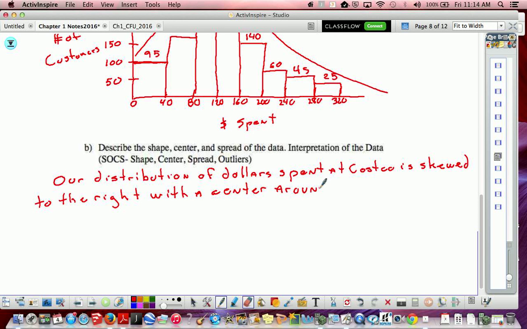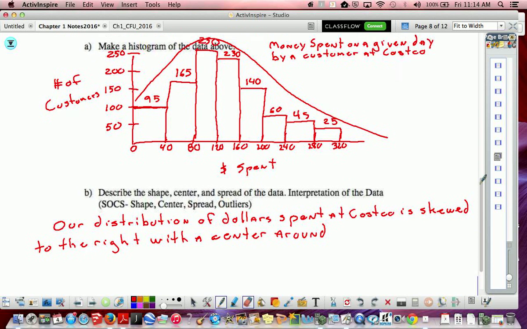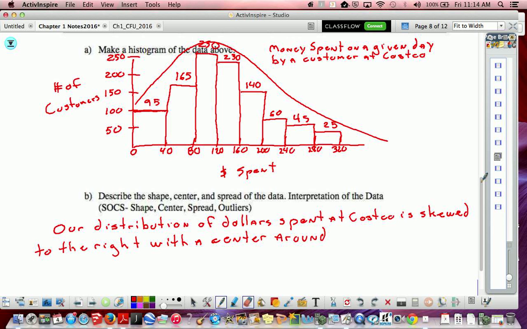Now this is where it gets even a little more interesting on estimating the center. So when I look at this, I have to think I had 1,000 customers, right?